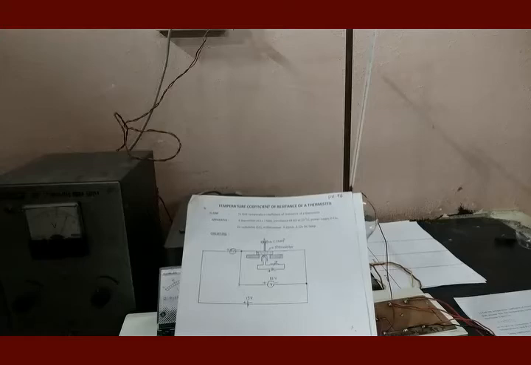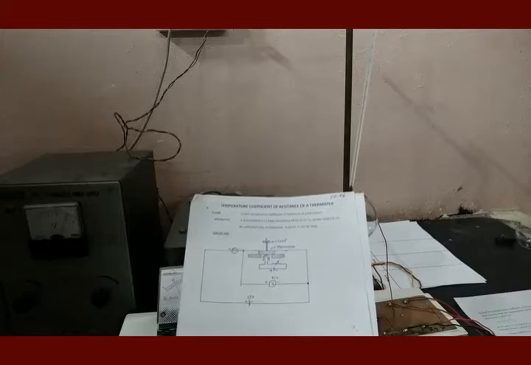If the temperature of a semiconductor is decreased, its resistance increases, and therefore semiconductors are taken as NTC type of thermistors. All semiconductors are NTC type of thermistors, and all metals are PTC type of thermistors.